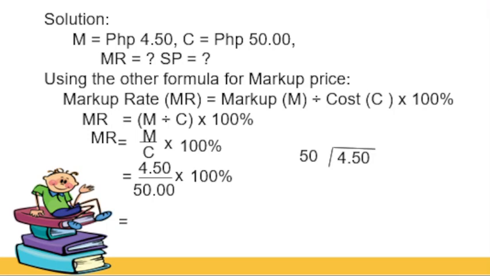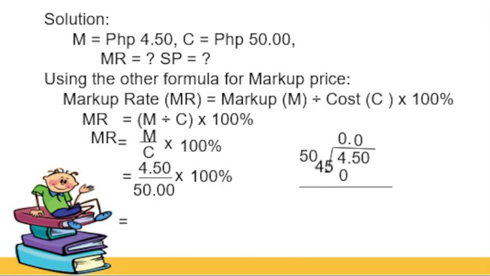50. So of course 4 divided by 50 is 0, and then 45 divided by 50 is still 0. So put in the decimal point. So you have then 0 times 50 is 0, or 4, and then subtract.